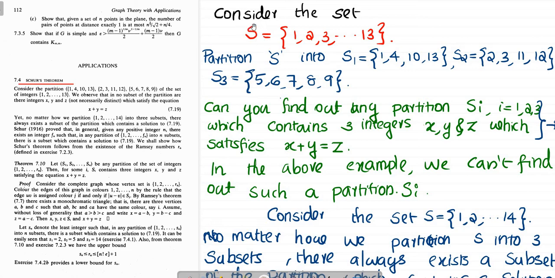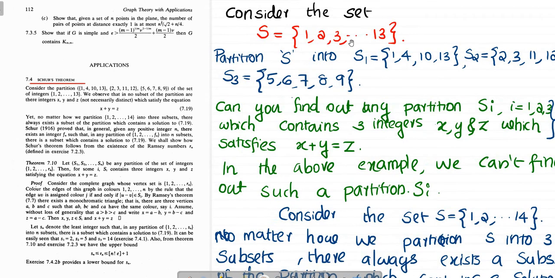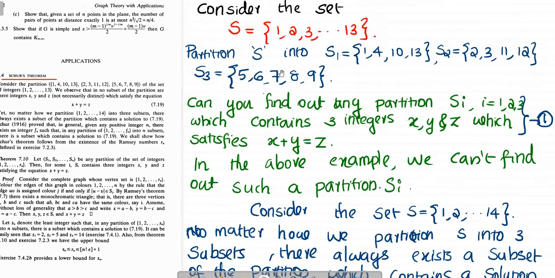Okay, let's move on to some definitions and consider the set S equal to 1, 2, 3, etc. up to 13. Partition S into S1 equal to {1, 4, 10, 13}, S2 equal to {2, 3, 11, 12}, and S3 equal to {5, 6, 7, 8, 9}. Partition this set S into 3 subsets.